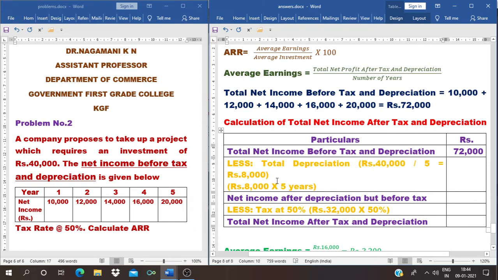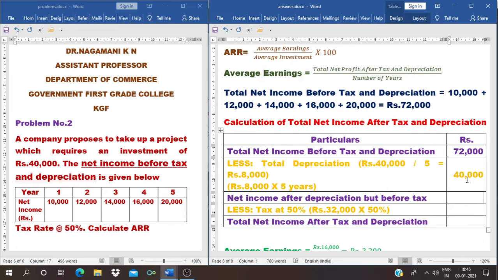This 8,000 is per annum, per year, but we require this total depreciation for 5 years. For 1 year 8,000 means for 5 years how much? 8,000 into 5, 40,000.